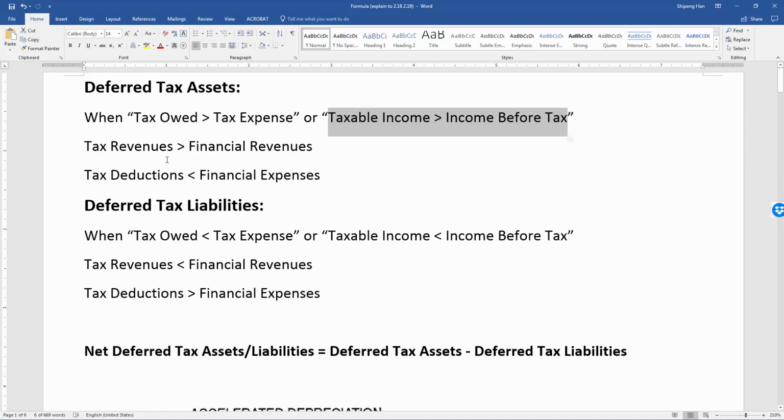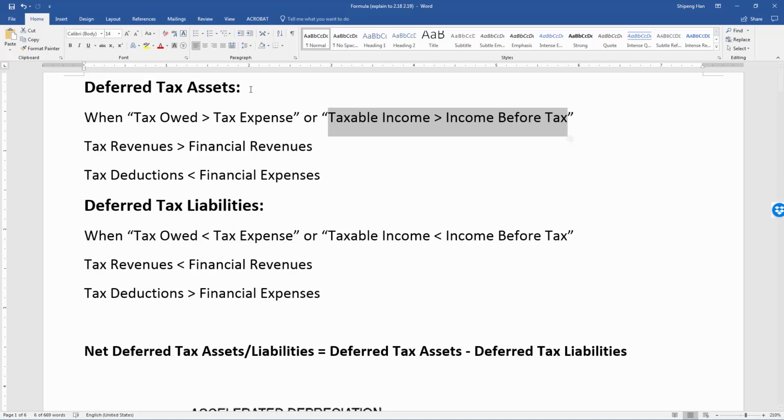That is the reason the company has different taxable income and income before tax, and finally a difference between tax owed and tax expense. This is a circumstance in which the company will recognize deferred tax assets, or in other words, deferred tax assets increase.